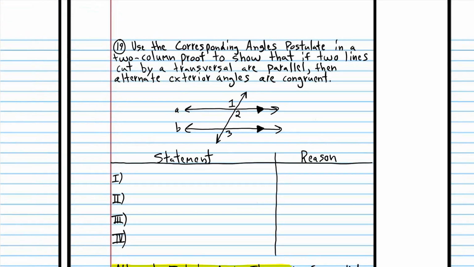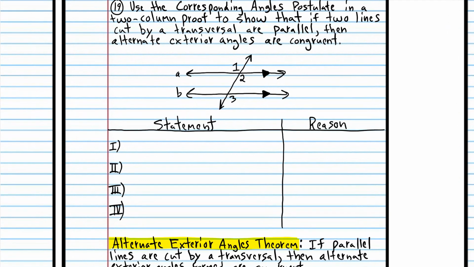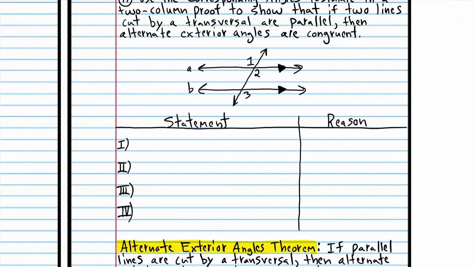And that's going to prove that alternate exterior angles are always equal. Now, like I said, we're going to use the corresponding angles postulate. You need to use that postulate, and you also need to use the vertical angles theorem. Those are the two things that you're going to use to prove this. And I'm going to go ahead and give you the information. These lines are named A and B, so we're starting out.